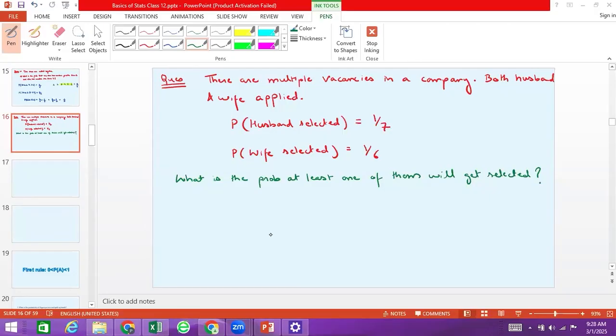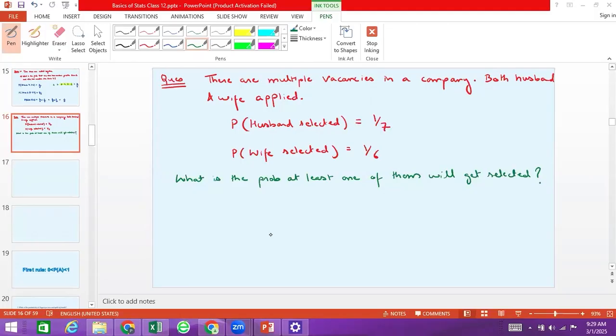Then the probability of husband and wife together will be probability of husband into probability of wife with respect to husband, which will be 1 by 7.